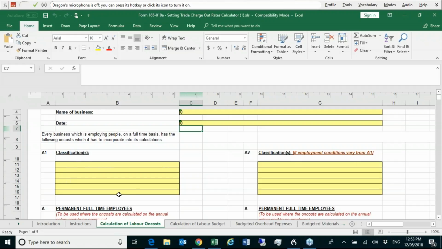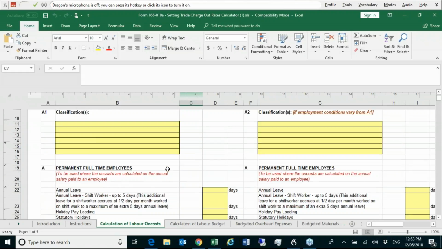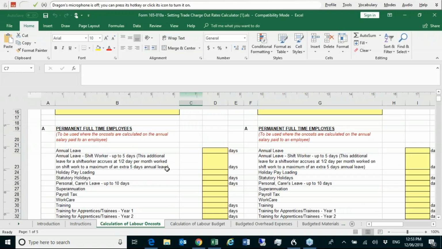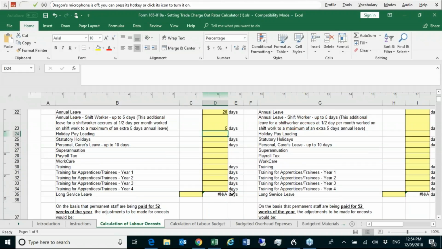And there's provision for 6 people in each classification. So this is, first of all, full-time permanent employees, and you can then show what annual leave, etc., they've got. So if they've got 20 days, you just enter the 20. If they are getting a shift worker's allowance, you just put in 5 days, and so on.